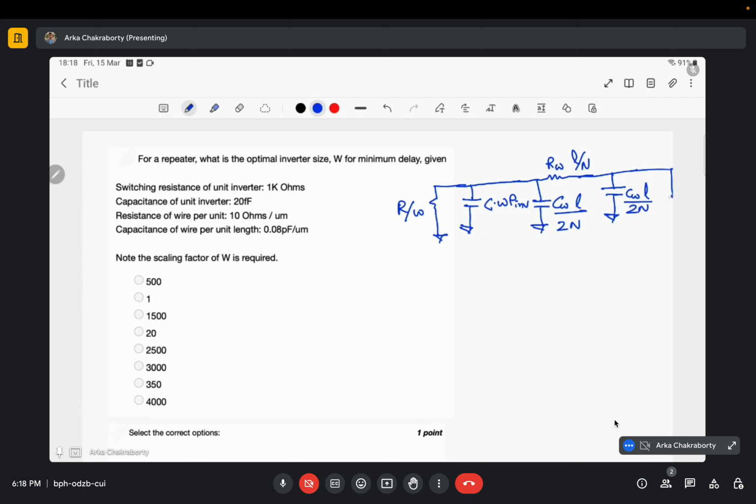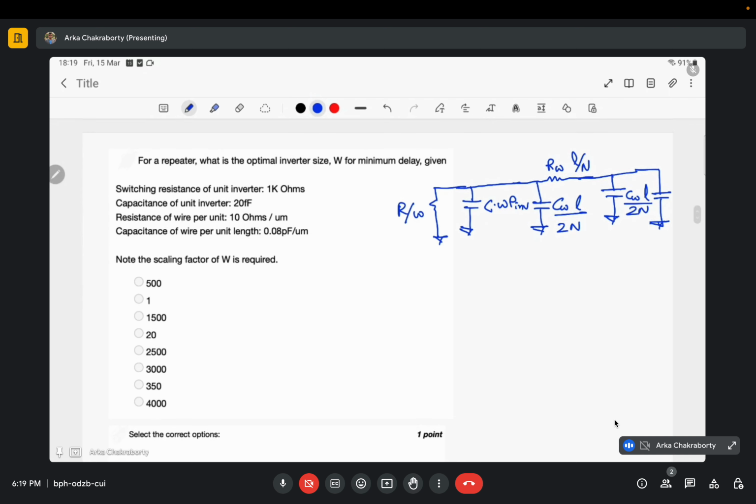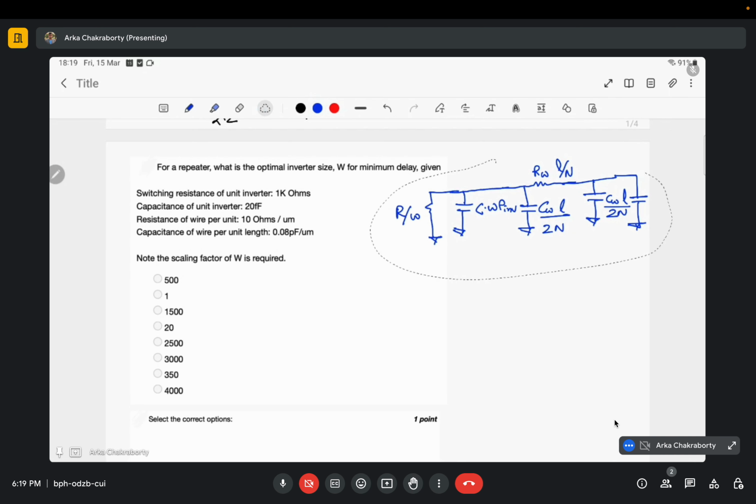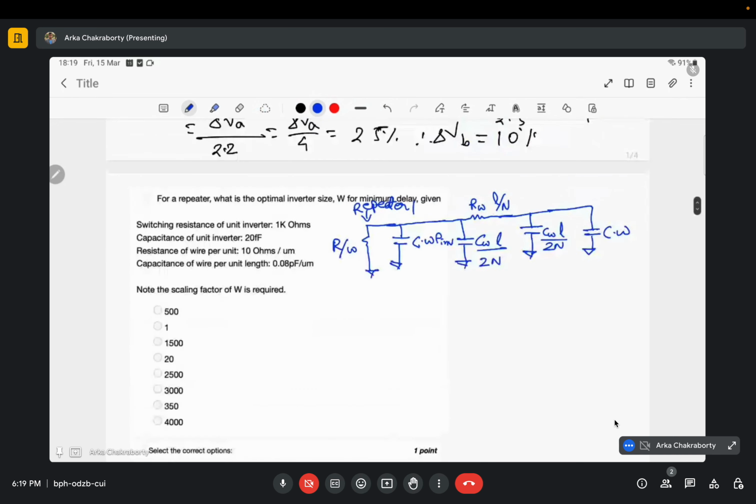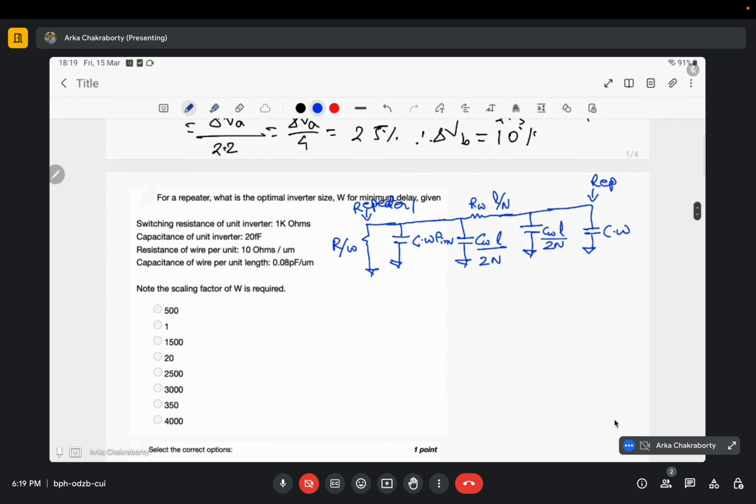And finally, the final capacitance will be C into W. So basically this is my repeater 1, this is my repeater 2, and this is the pi model of the wire.